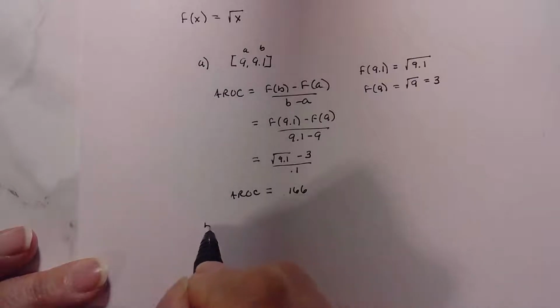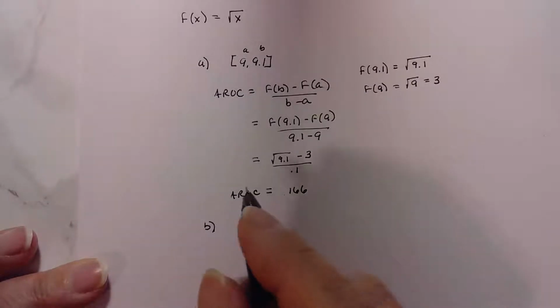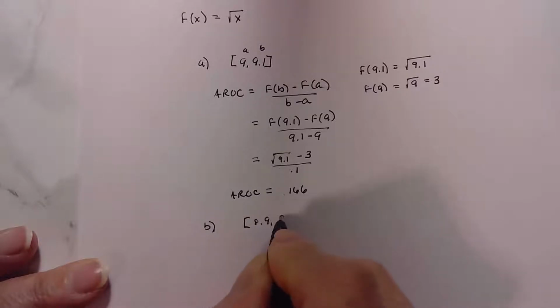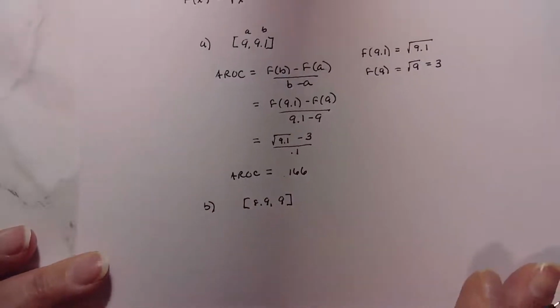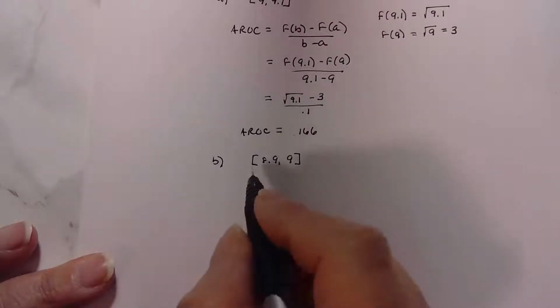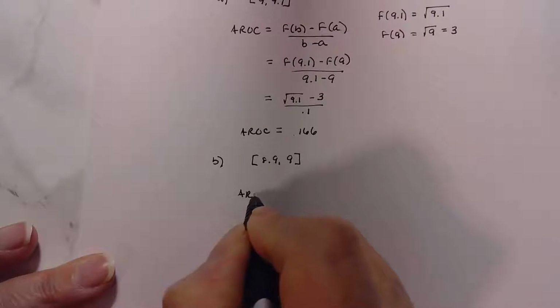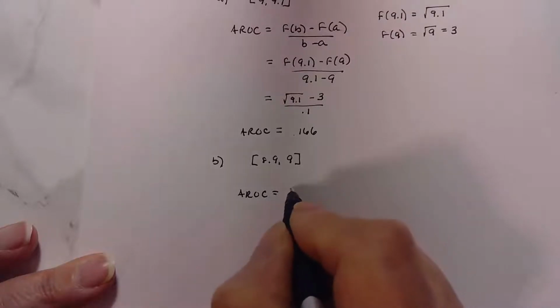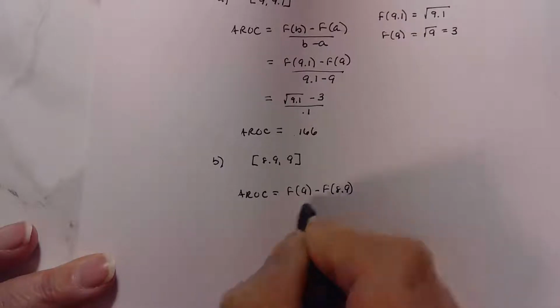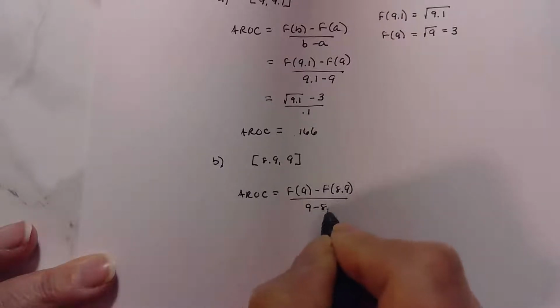In B, what we're asked to do is to compute the average rate of change over the interval from 8.9 to 9. So again, the average rate of change is f of 9 minus f of 8.9 over 9 minus 8.9.